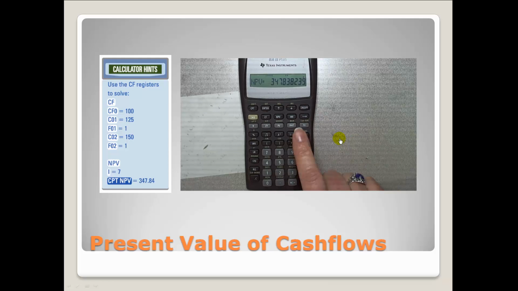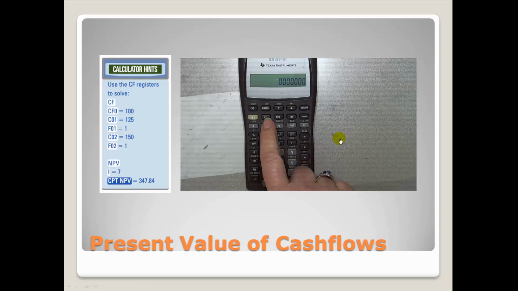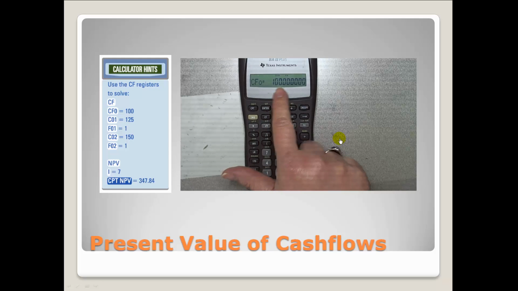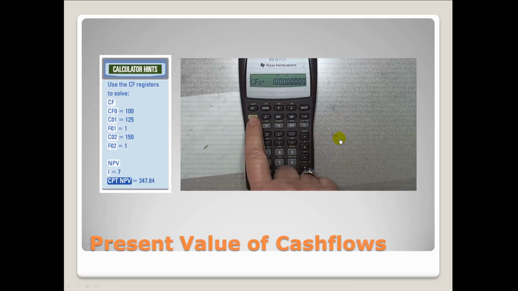If you do not get that answer, that means you've set something up incorrectly. Then what you would need to do is clear out your work, go back to your cash flow key, and since you've got data in your cash flow register now, you would hit the second and the clear work key to clear it all out and start over.